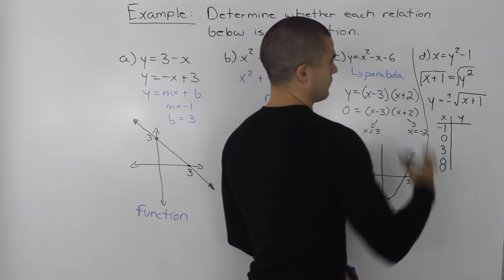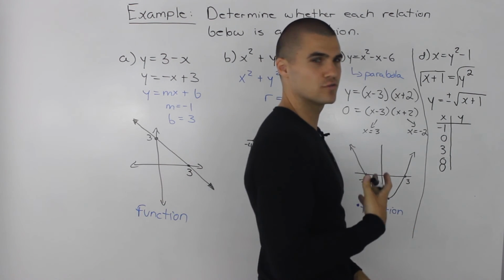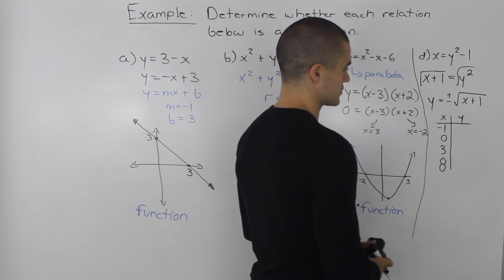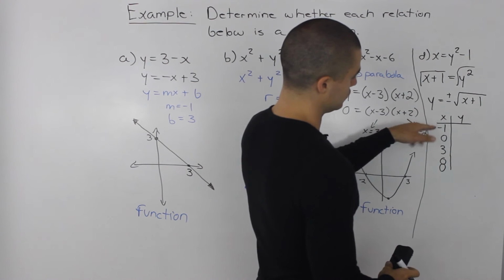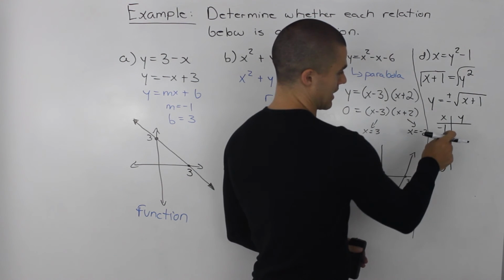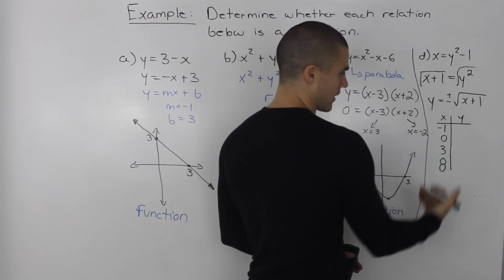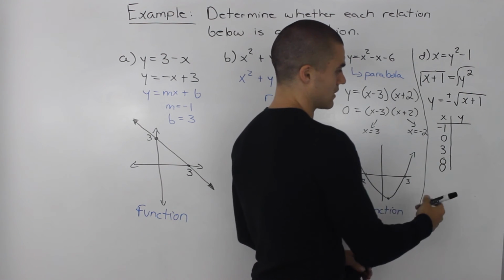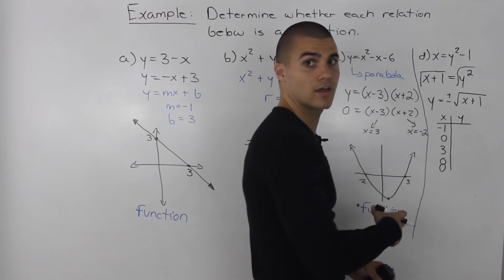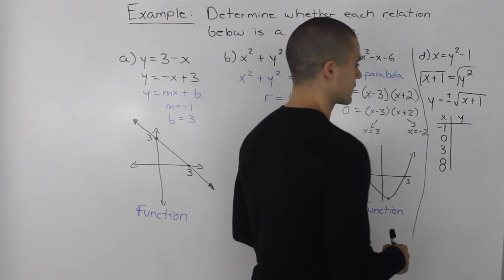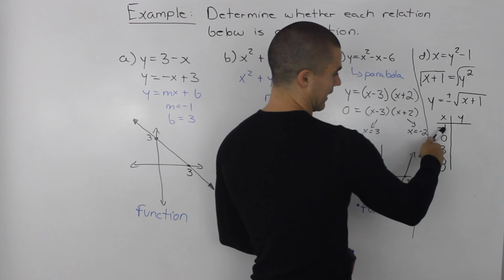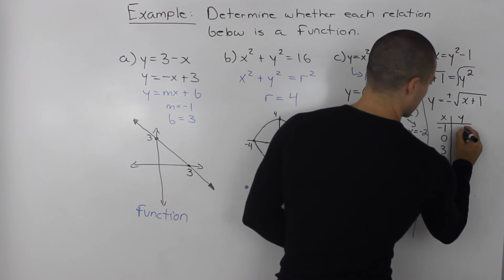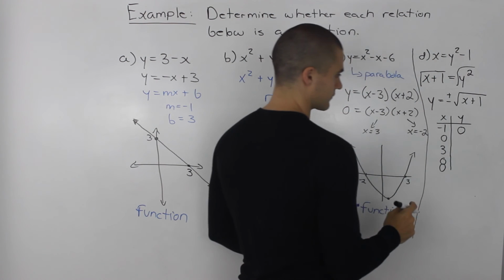Now, since we're dealing with a relation that we're not too familiar with, let's make a table of values. Now, you can use any x values that are negative 1 or greater for the table. However, I used these specific x values because it's going to make the y value a smooth integer. So, an x value of negative 1 plus 1 is 0, the square root of 0 is just 0.